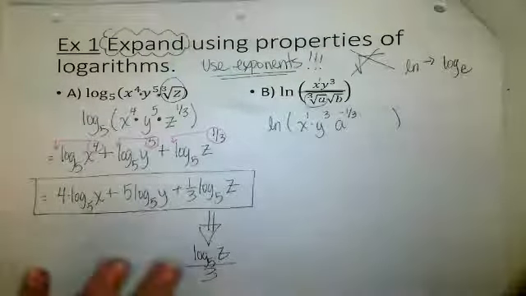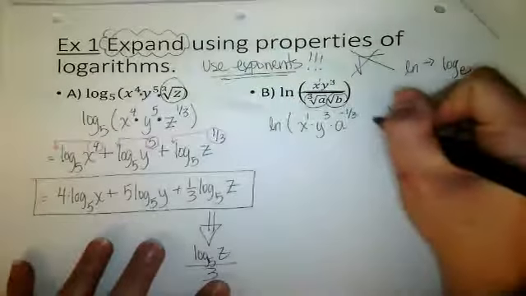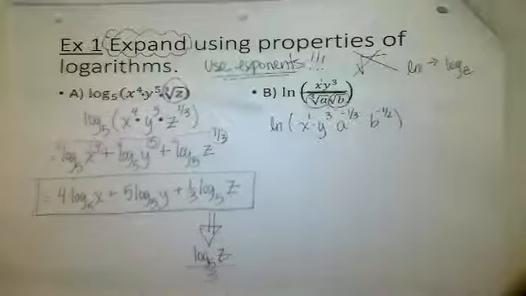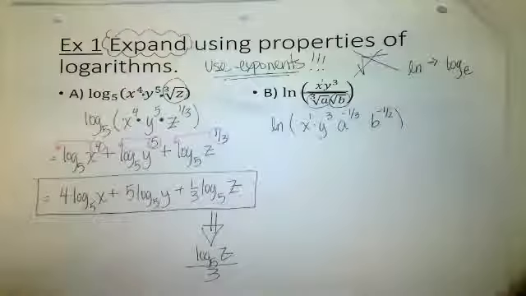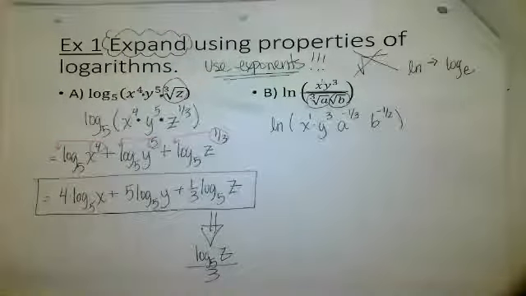And then what can we do with the square root of b? B to the negative 1/2. Very good. So you can see I can take that quotient and just turn it into a giant product now. And so I don't actually have to worry about the quotient property, which turns out to be really confusing. People lose negatives all the time when you use the quotient property.